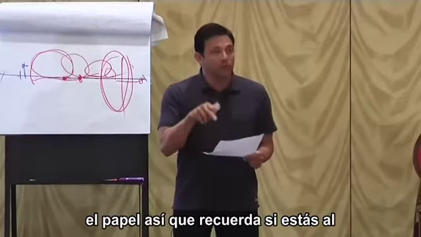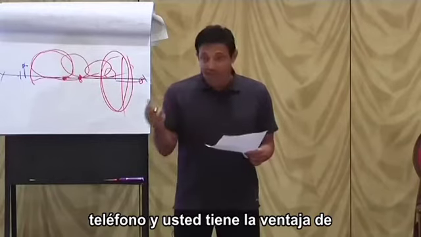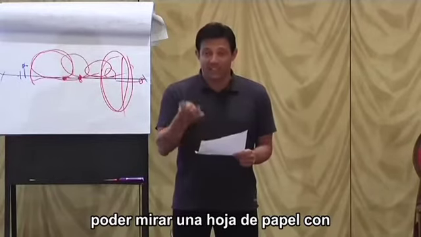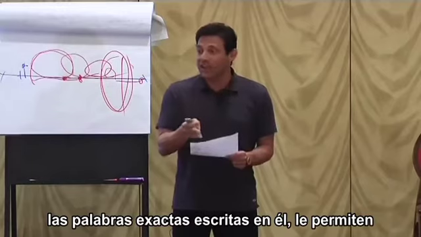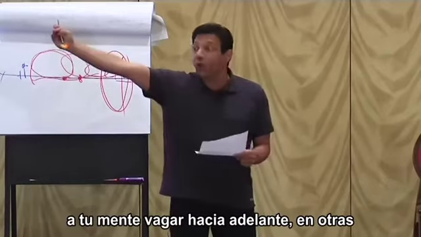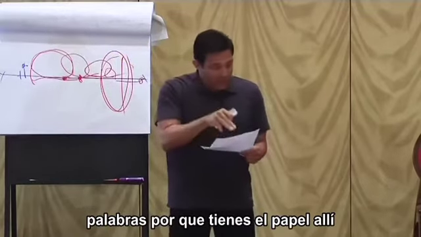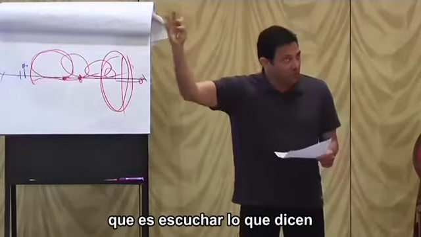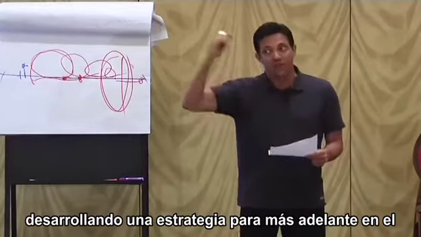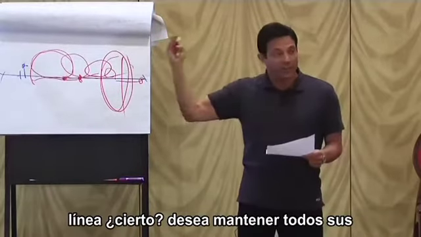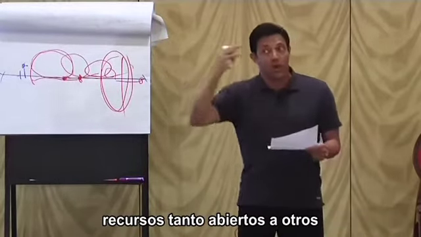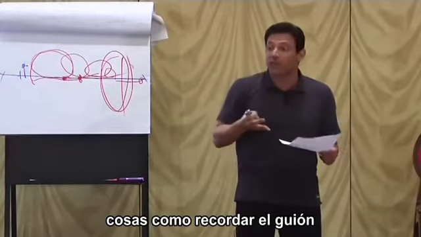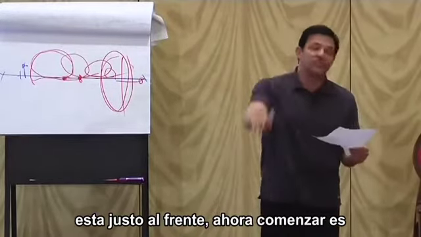So remember, if you're on a phone and you have the benefit of being able to look at a piece of paper with the exact words written on it, it allows your mind to wander forward. In other words, because you have the paper there, you can run another dialogue in your head, which is listen to what they're saying, developing a strategy for later down the line, right? You want to keep all your resources as much open to other things as remembering a script, so it's right in front of you.